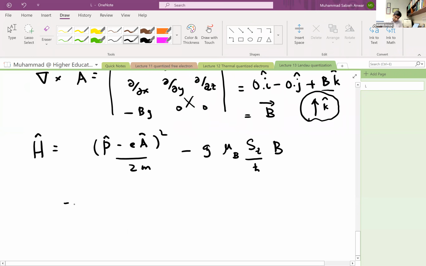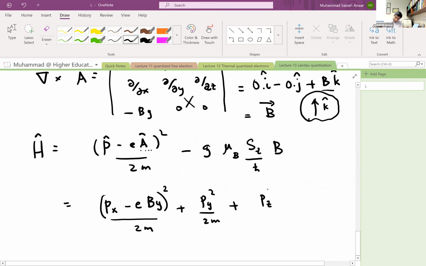Okay. So I can write this as (Px minus eBy) squared over 2m, where this is the x component of the canonical momentum, plus Py squared over 2m plus Pz squared over 2m minus g mu_B Sz over h bar B. So this is my Hamiltonian.